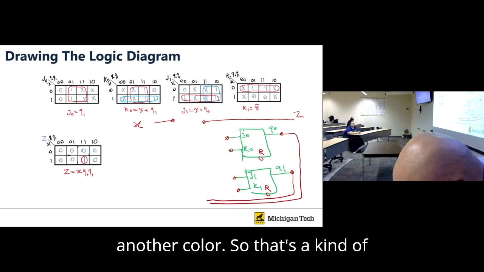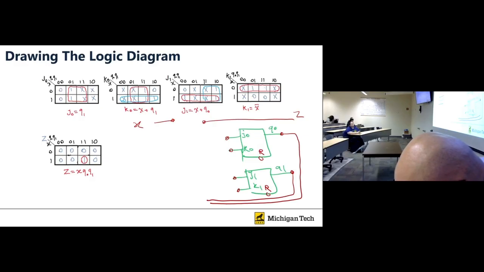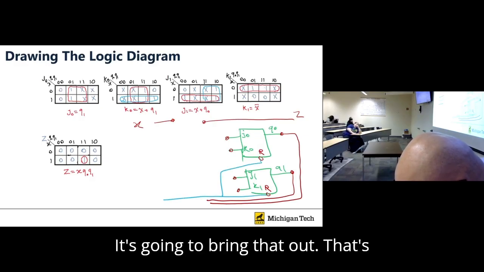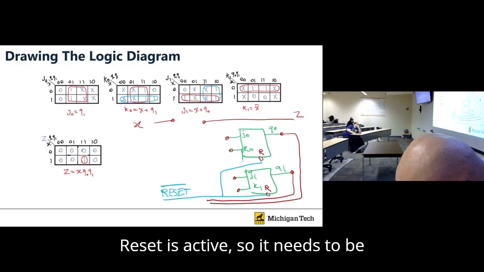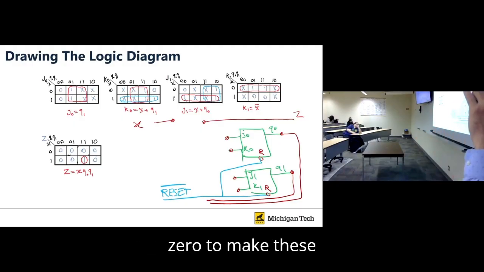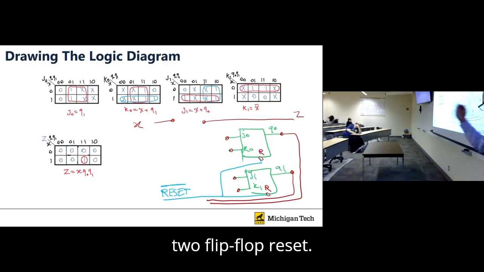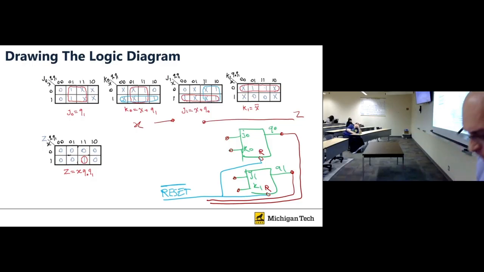So that's kind of important as well. Just going to bring that out. That's reset. But reset is active low, so it needs to be 0 to make these 2 flip-flops reset. Okay? So you know that.